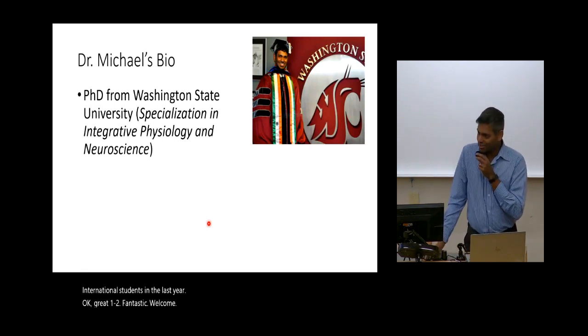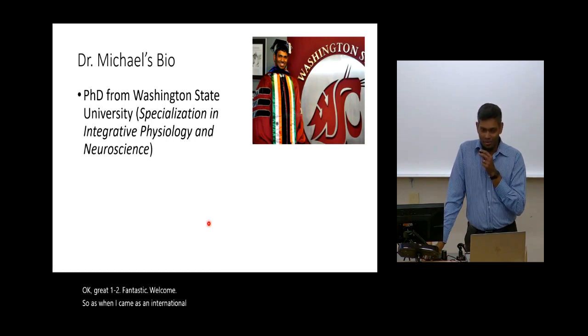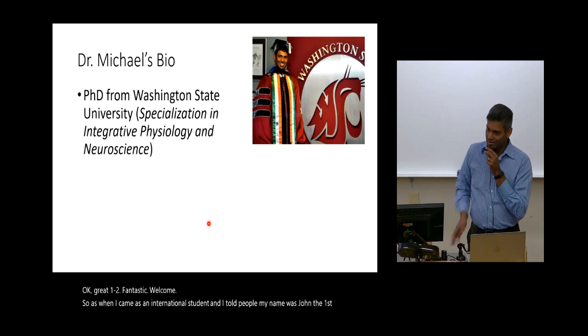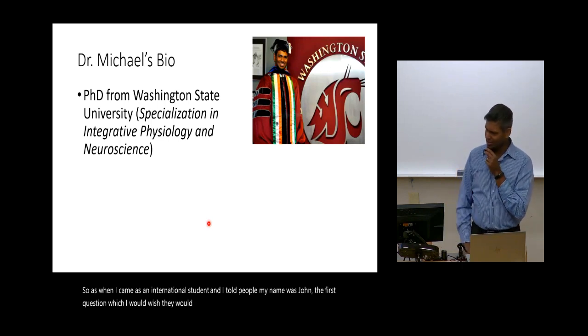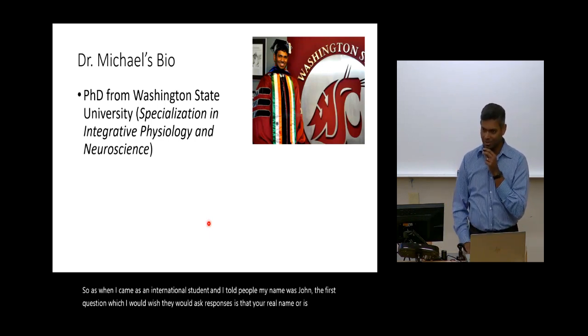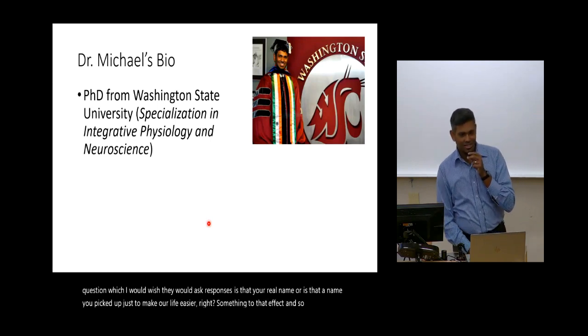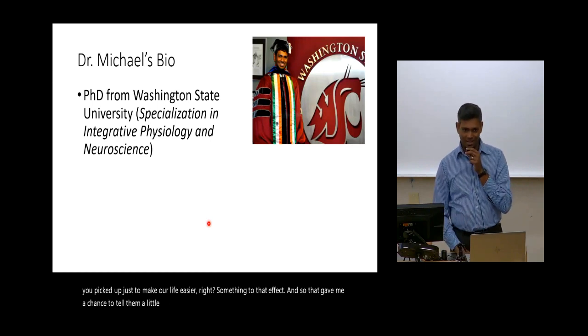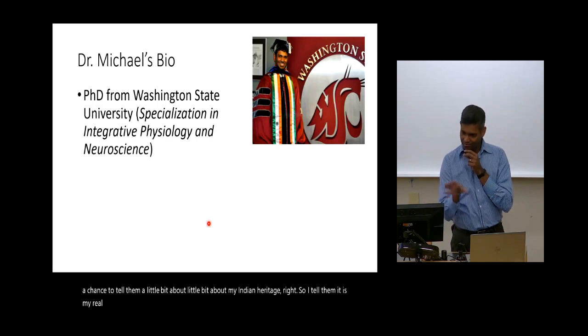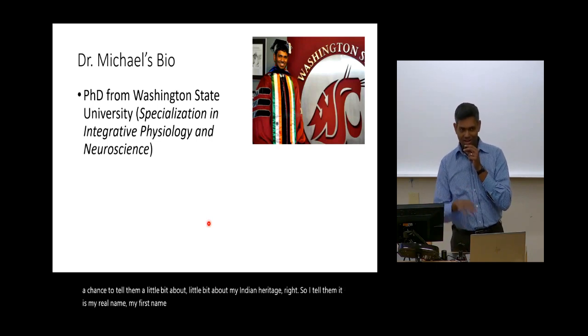When I came as an international student, and I told people my name was John, the first question they would ask in response is, is that your real name, or is that a name you picked up just to make our life easier? Something to that effect. And so that gave me a chance to tell them a little bit about my Indian heritage. I tell them it is my real name, my first name John, middle name Jeshran, last name Michael.